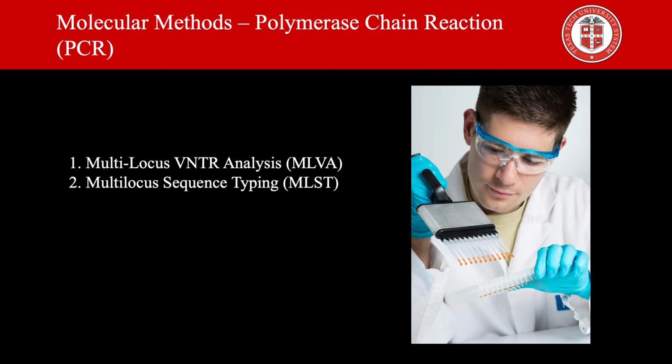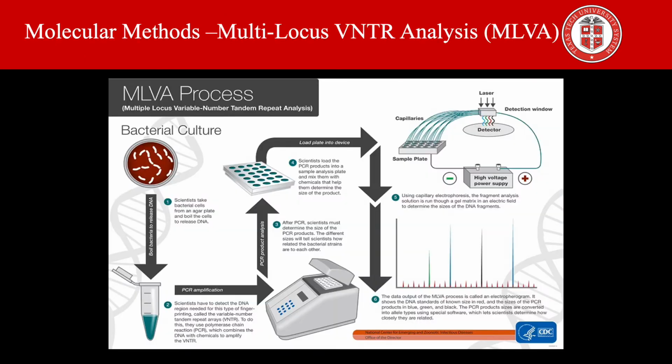Some examples of traditional polymerase chain reaction or PCR methods include the multi-locus VNTR analysis, also known as the MLVA, and the multilocus sequence typing, also known as the MLST. The MLVA is an abbreviation of the multi-locus variable number of tandem repeat analysis.